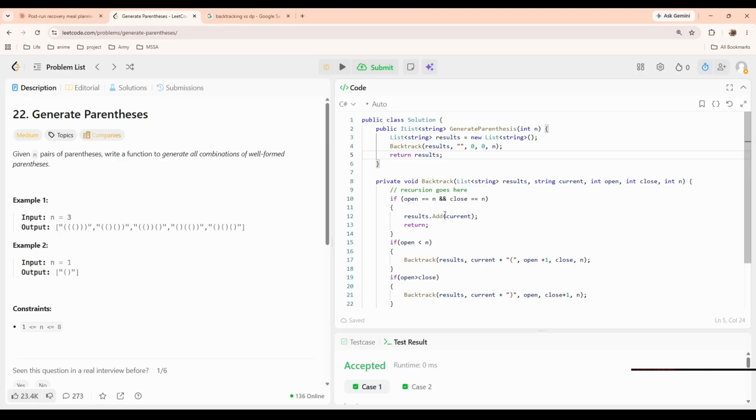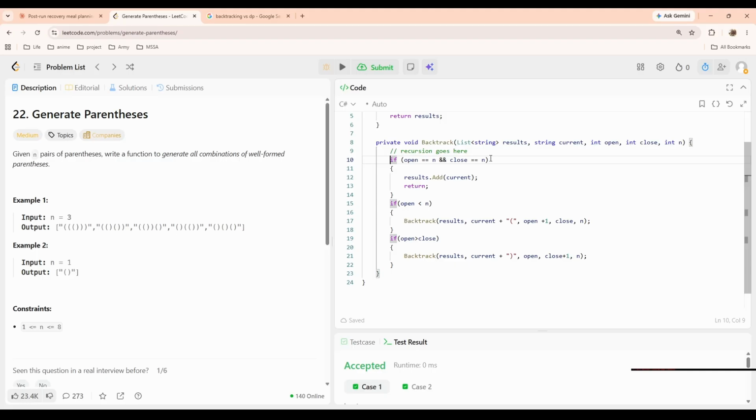Originally, I thought that backtracking and dynamic programming were used in conjunction. Apparently, it's not, after my research. So I made the backtrack function, which takes in a couple parameters: our results, and then the current, and the open and the close, and the n, which is what we were given initially.